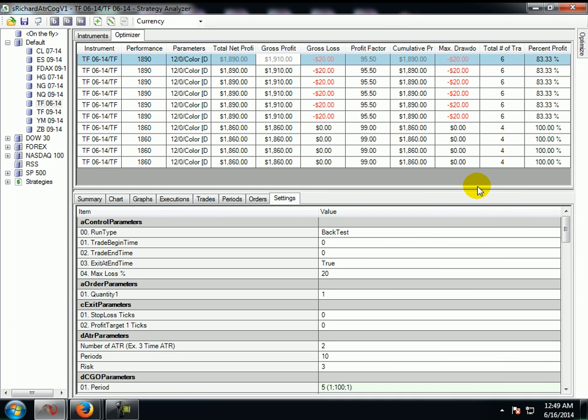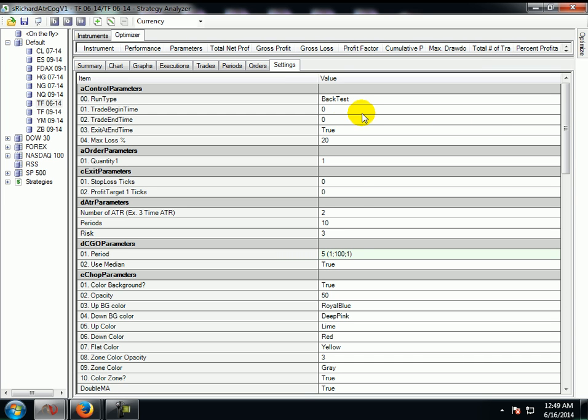Again, just so you can see this, and see here our CGO is set at 5 on this particular test. The ATR is 210 and 3.